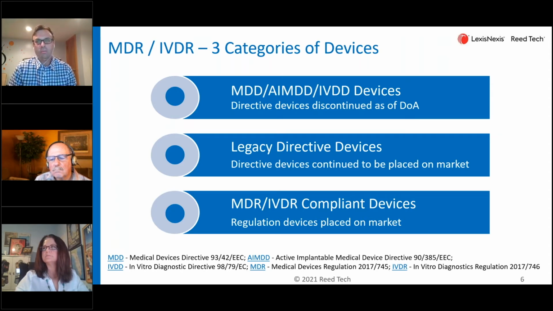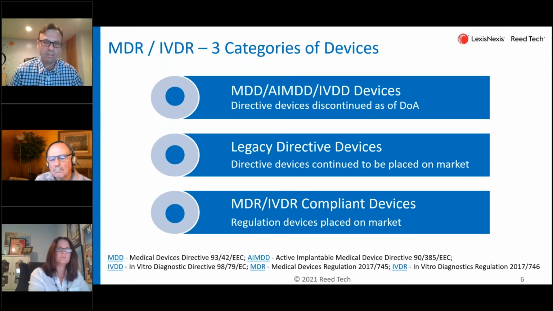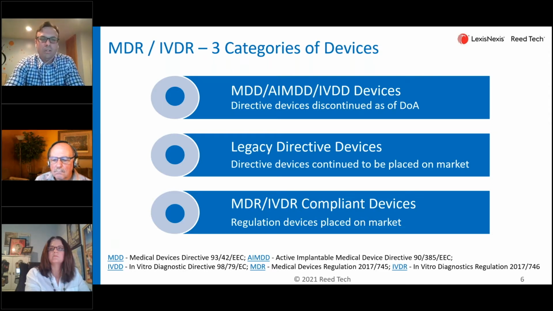The second category, which is the one we're concentrating on today, is the legacy device, the legacy directive devices. Those are directive devices that continue to be placed on the market past the MDR date of application. You have the opportunity for them to stay on the market, meeting certain criteria. And then last is the MDR and IVDR compliant devices, fully compliant with the regulation.